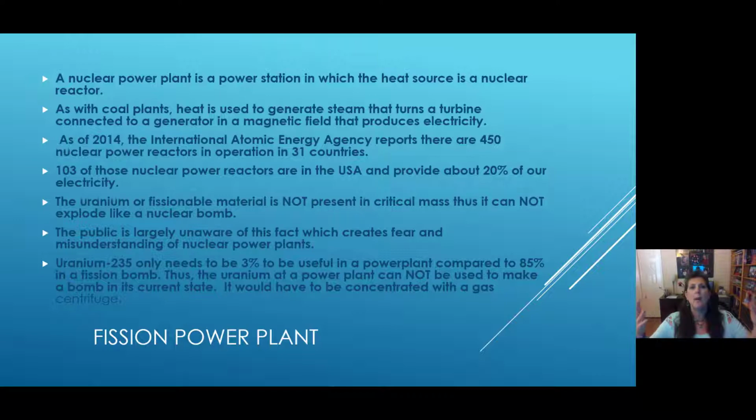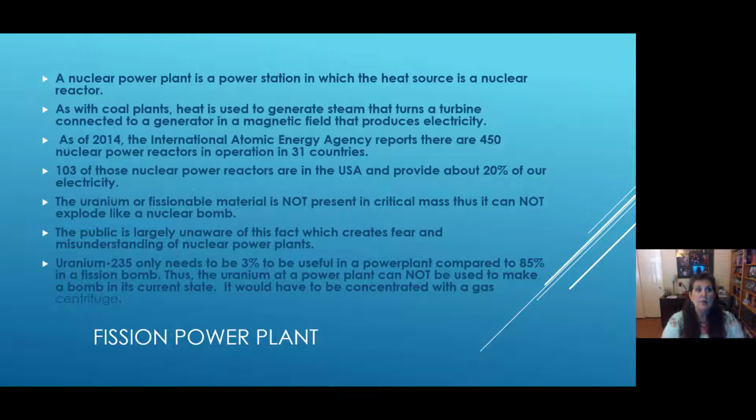So again, it's all about boiling water, just like the coal power plant. So we need to create enough heat to boil water to turn into steam to float through the pipes that turn the turbines, which generates electricity. But instead of burning coal, we're just going to let the uranium fission occur, which generates a lot of heat.